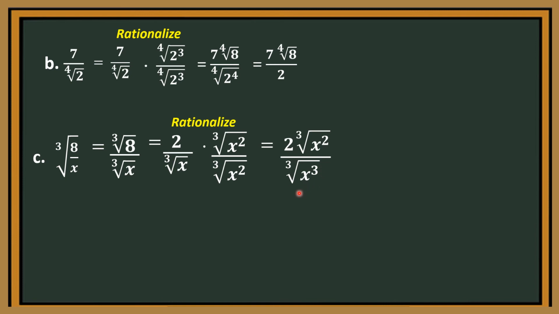Therefore, ang denominator natin ay perfect cube na. So, simplify natin, just divide the exponent and the index. So, kapag dinivide natin, 1 na lang siya. Or pwede na natin siyang i-cancel. So, matitira sa denominator, x. So, we will have now 2 cube root of x squared over x.